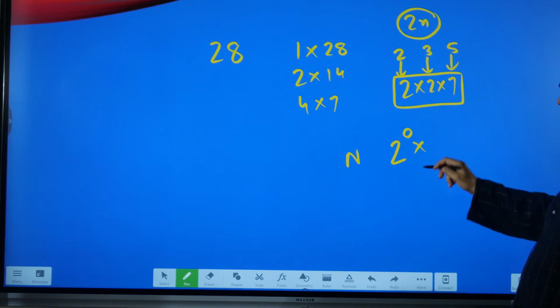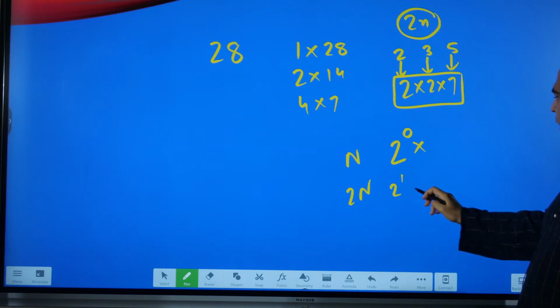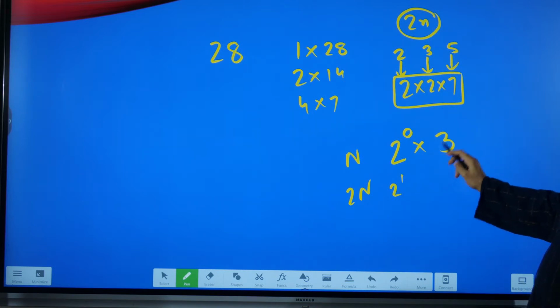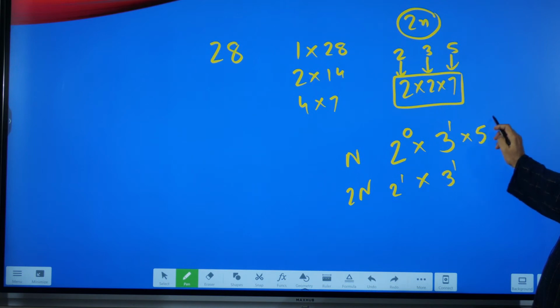So n would have 2 raised to 0, and 2n will become 2 raised to 1. This will become 3 raised to 1, and this is 5 raised to 6.